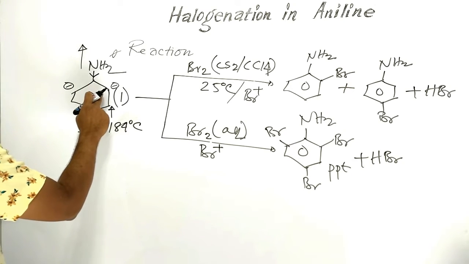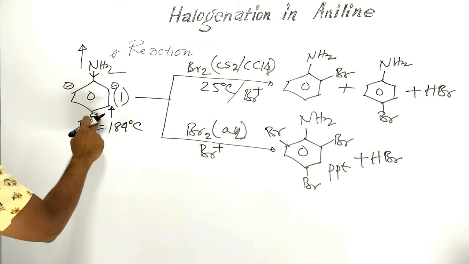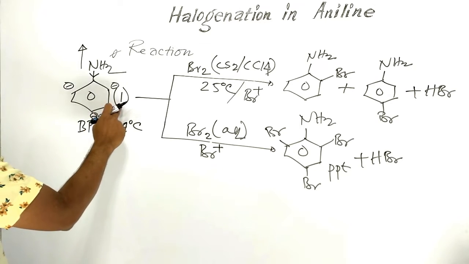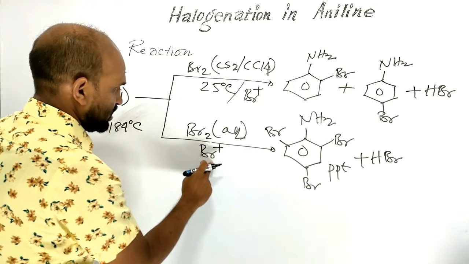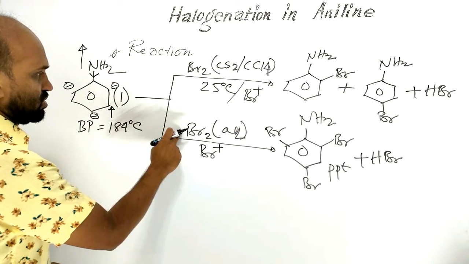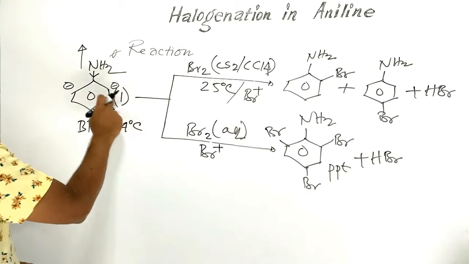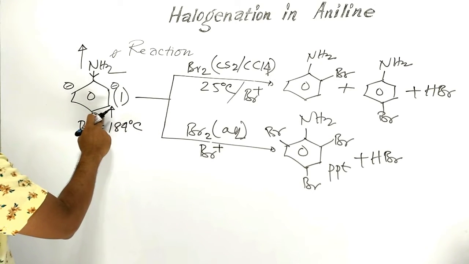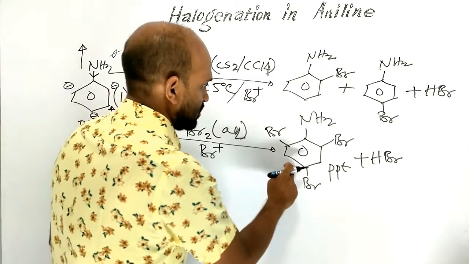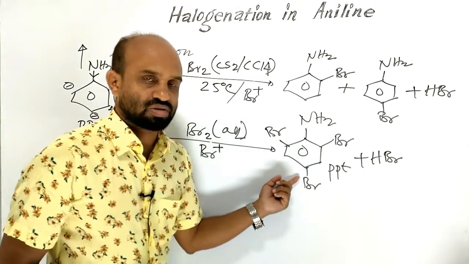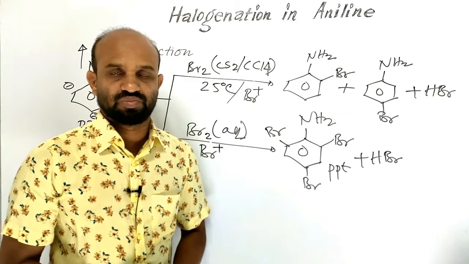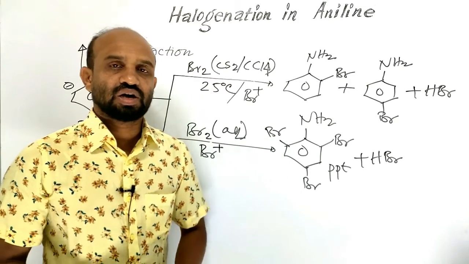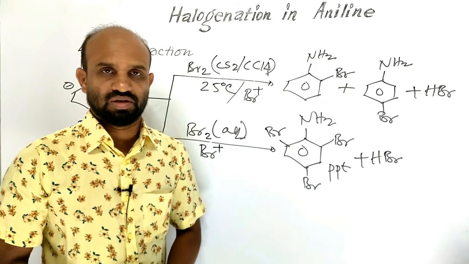That is why the ortho positions and para position become electronically rich to the highest level. That is why bromine cation produced from the bromine molecule attacks the ortho positions and para position at a time to form 2,4,6 tribromoaniline, which deposits as precipitate. This is the halogenation reaction of aniline.